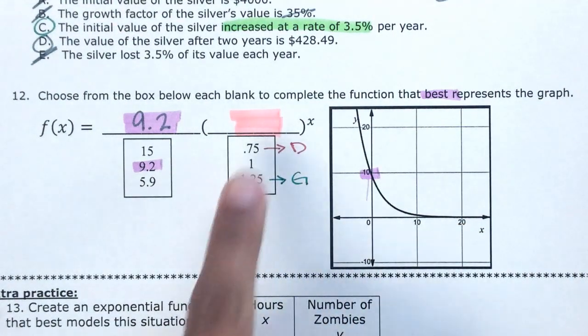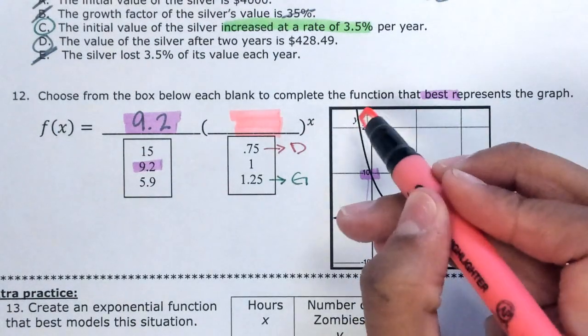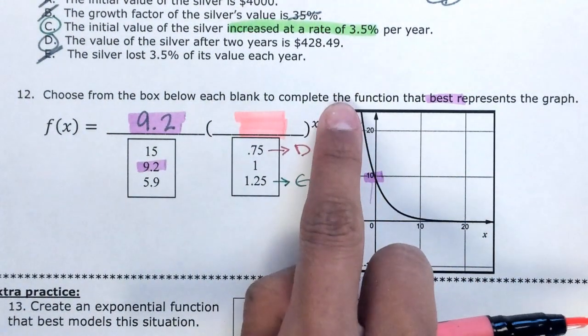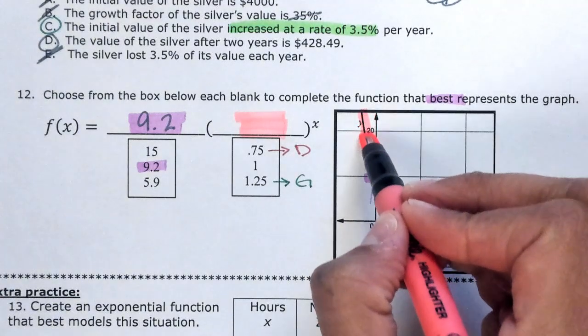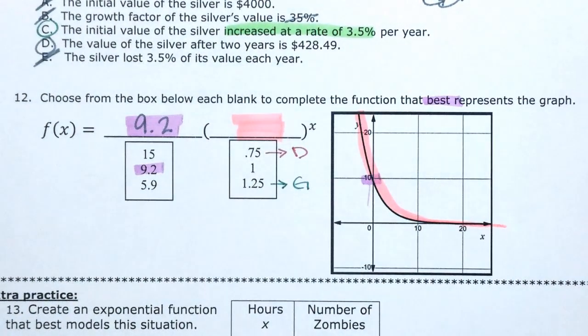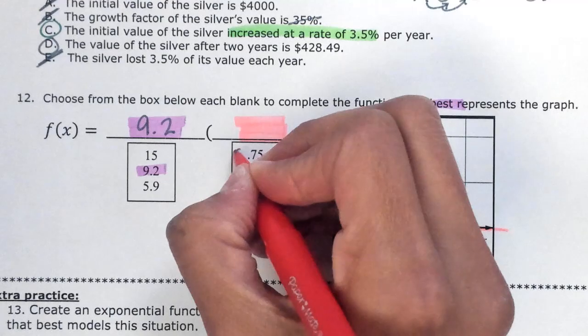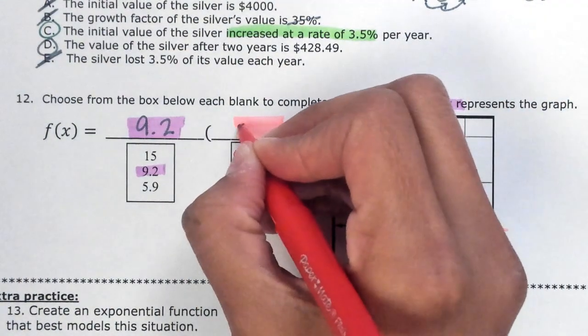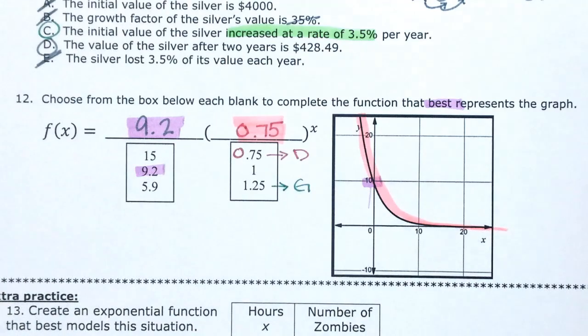So just the numbers alone tell me growth or decay. Now, the graph here, is this a growth or decay? This one's a decay. We read left to right, and it's decreasing. So it's a decay, which means my answer has to be 0.75, which has a 0 in front of it. It's just invisible, so 0.75 is my answer.